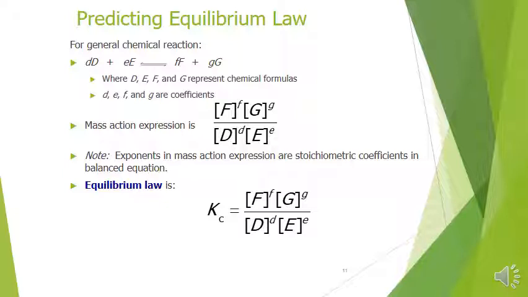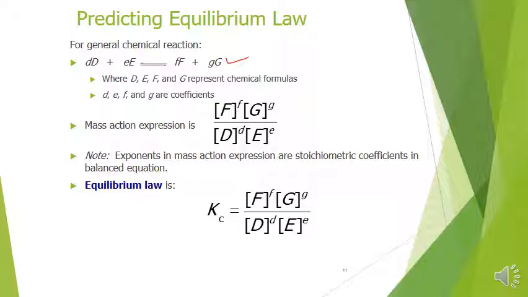Okay, so this shows what we've been talking about. So here's a general chemical reaction. It's going to be products over reactants, where the coefficients are the exponents.